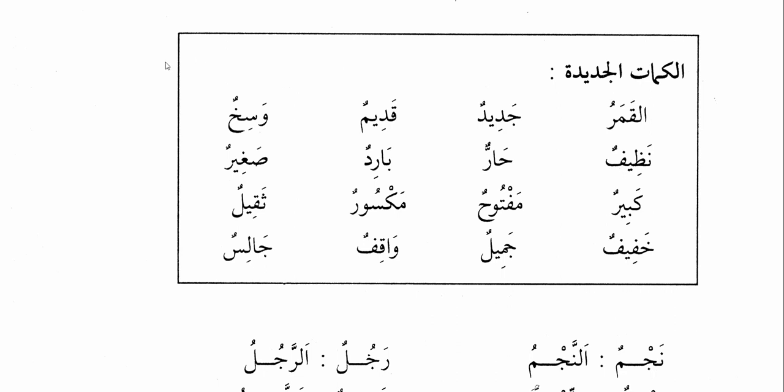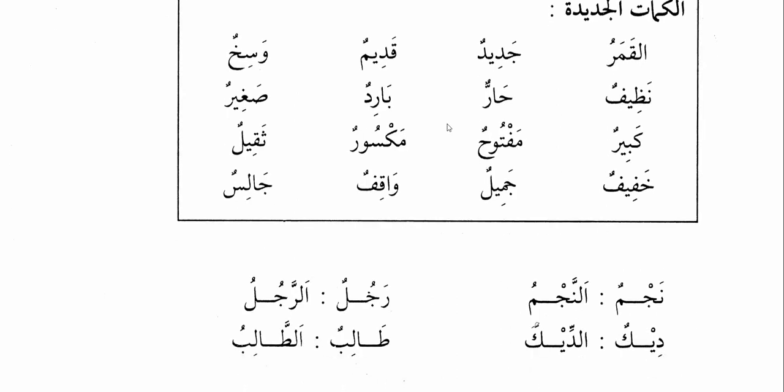So these are all new random words that you are learning in this lesson, and they can be opposites also, like khafif and thaqil. This is waqifun, jalisun, you can see.